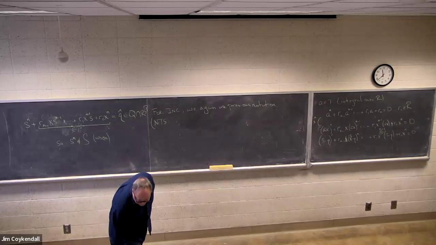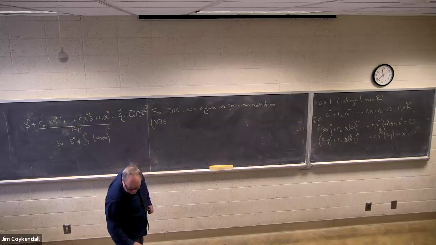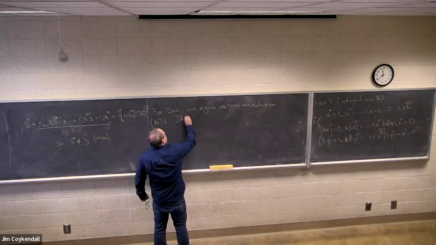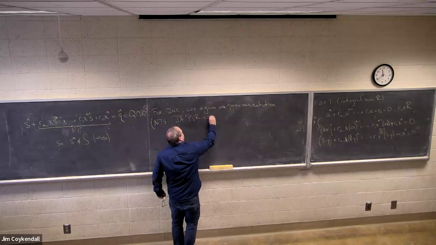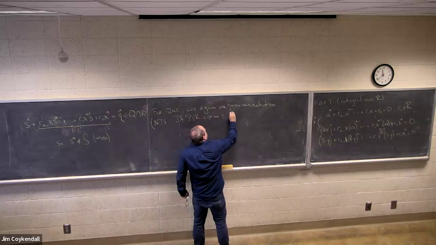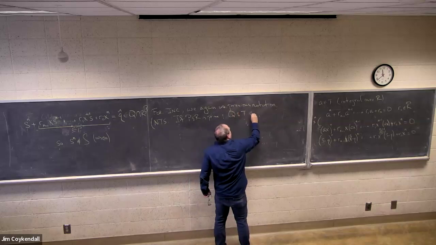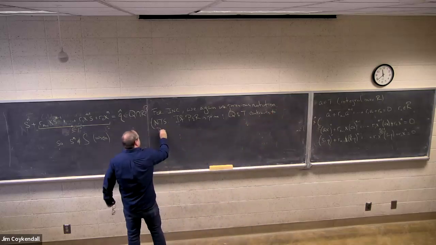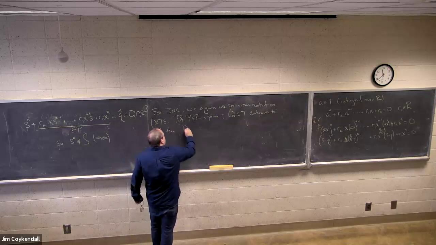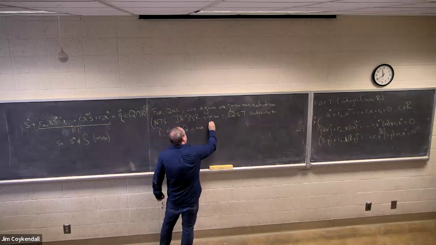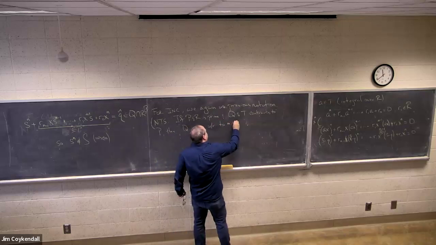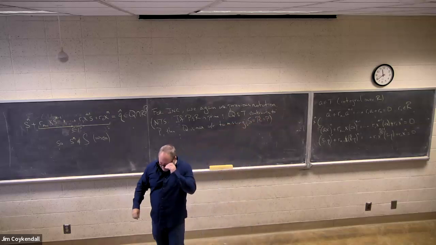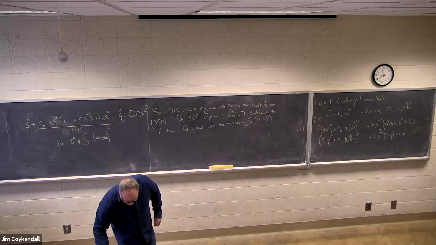I want to show that if P is a prime and Q contracts to P, then Q is maximal with respect to missing S. Okay, so that's where I want to go with that right there.